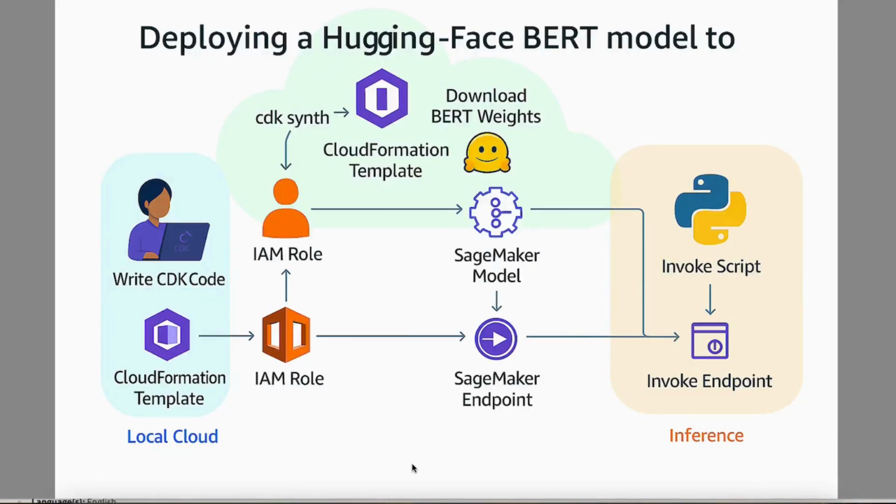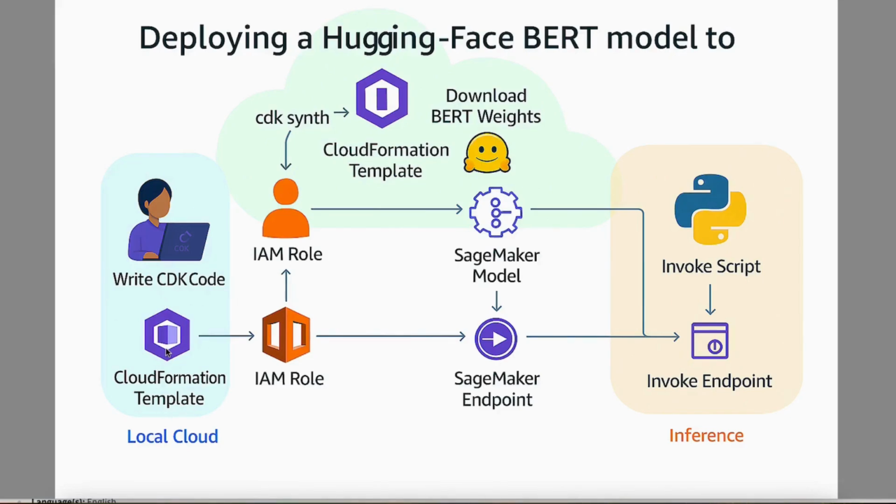Before jumping into the code, let's talk about how a Hugging Face BERT model can be deployed on SageMaker using CDK. On the left-hand side, this is our local machine. We write CDK code in Python, which defines all the AWS resources we will need, like the IAM role, SageMaker model, and endpoint configuration.